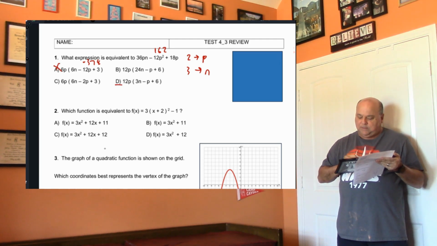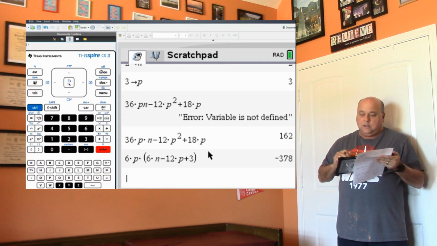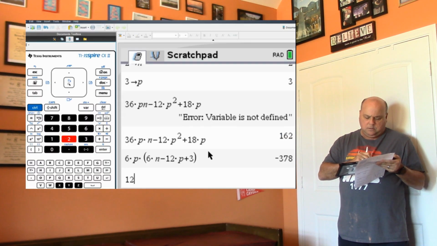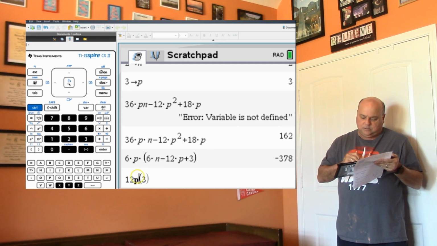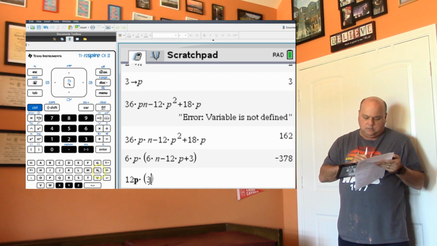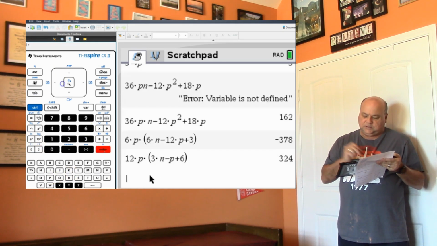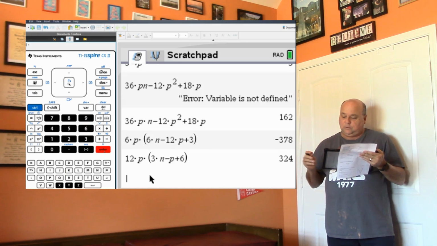Okay, so I'm going to type that into the calculator to save time here. We're going to type in 12p, parentheses, 3n. Oh, I need to put the times. If I don't put the times in there, it won't work. And then I got the 3n, and then minus p, and then plus 6. Close the parentheses, and it's 324.